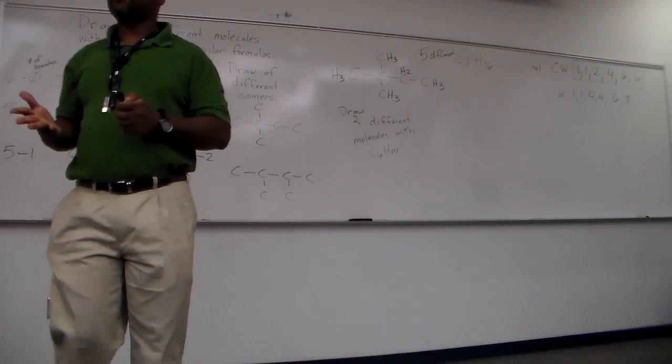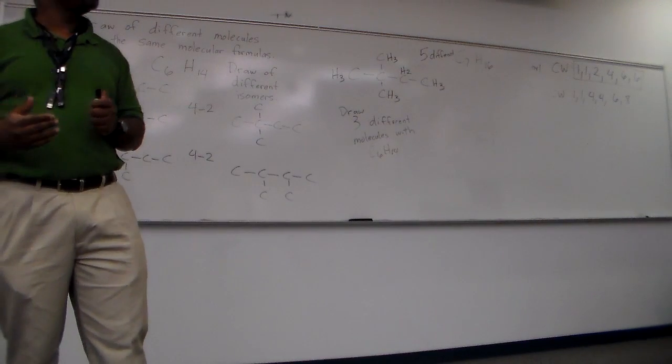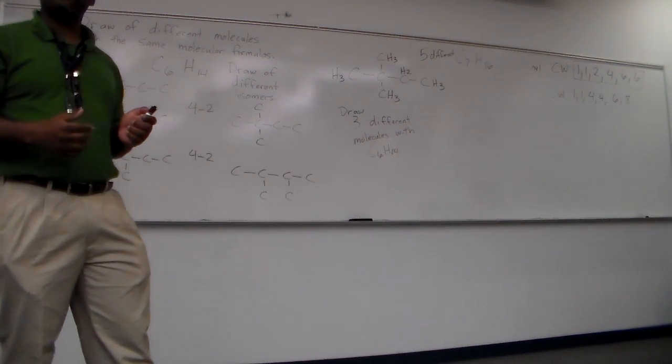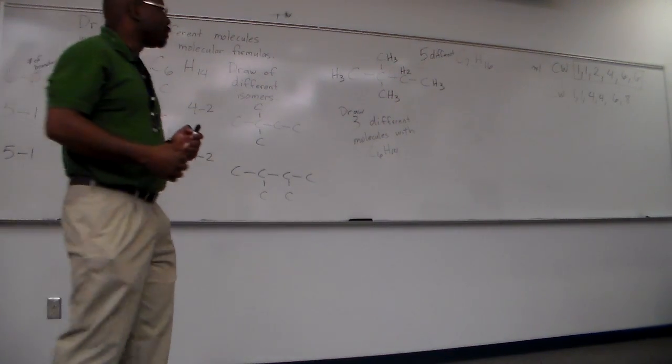Now how do we do the 5 different? This is the 5 different one for C7H16. What do we start out with?